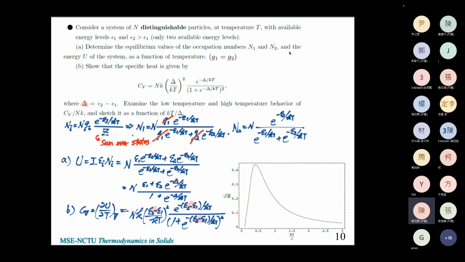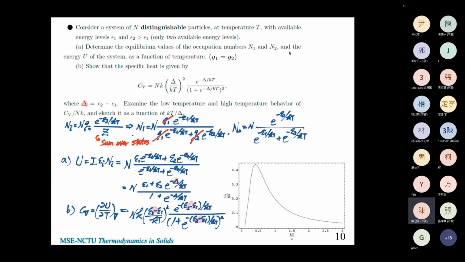This means that at low temperature it is close to zero, but at high temperature it is still going down. Why? Because you only have two energy levels. Typically, the CV is not like that. In the real world, it should look like this, because there are more energy levels later: levels 3, 4, 5, 6, 7, and so on.